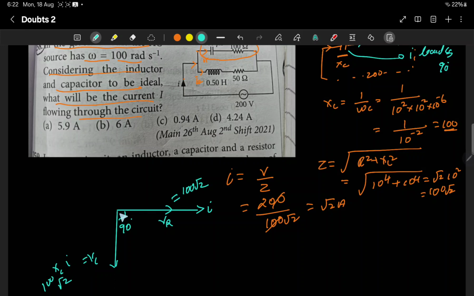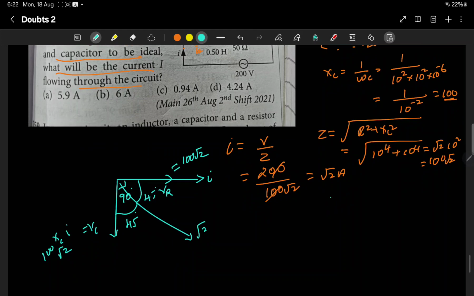Both the values are the same. So here your resultant will be at 45 degrees. Your resultant current is this root 2 ampere. So here the angle between the current and the resultant voltage is 45 degrees.